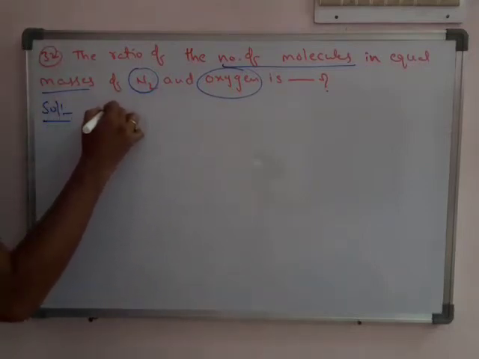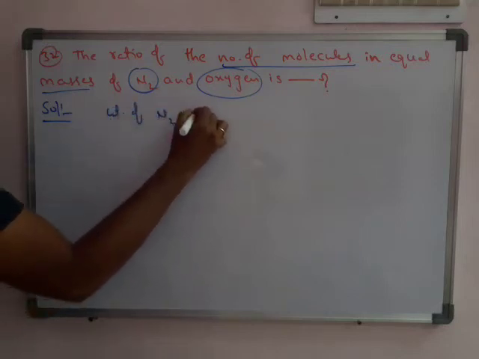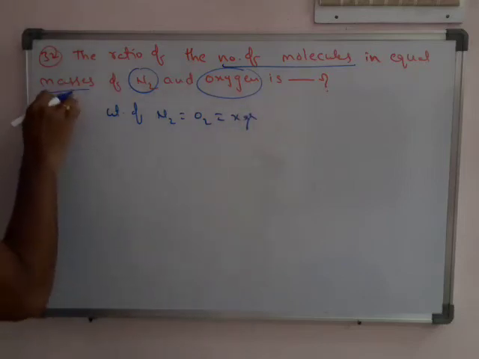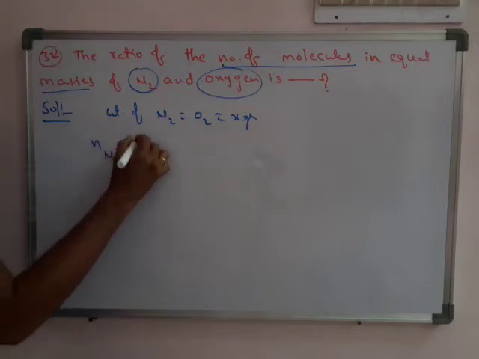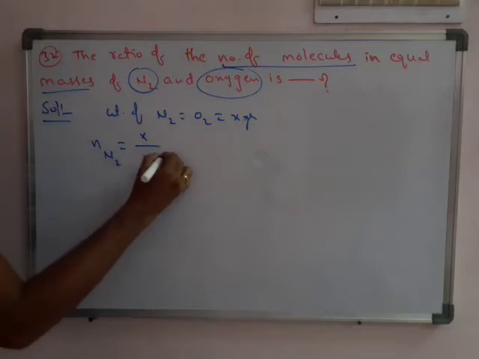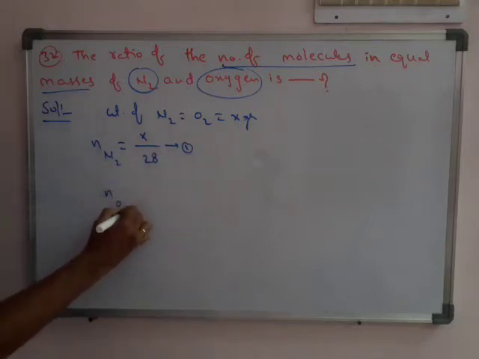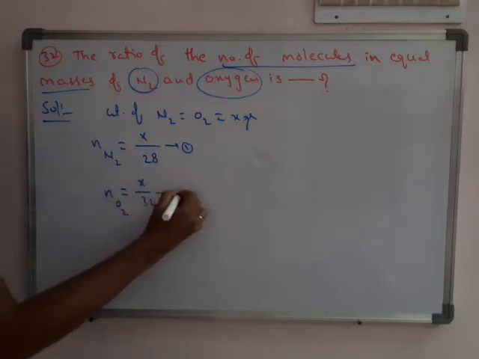Take the weight of nitrogen equals the weight of oxygen, that is x gram, because equal masses are given. Therefore, number of moles of nitrogen equals weight by gram molecular weight, so x by 28. Moles of oxygen is x by 32.